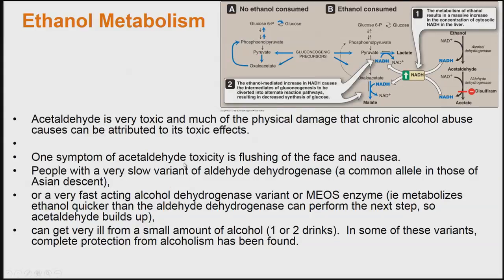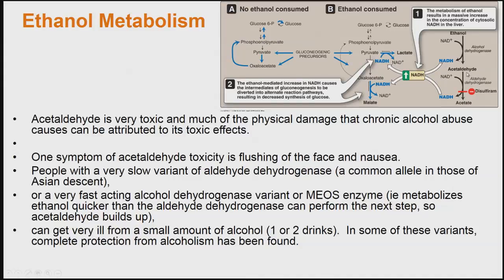But if you have a very slow variant of aldehyde dehydrogenase, which is the second step, which means acetaldehyde will build up, or you have a very fast alcohol dehydrogenase, so you also start building up acetaldehyde faster than the next step can process it, or a very fast MEOS system where you build up acetaldehyde, people who have those variants of the enzyme can't drink very much because they start to get symptoms of acetaldehyde poisoning, if you will.